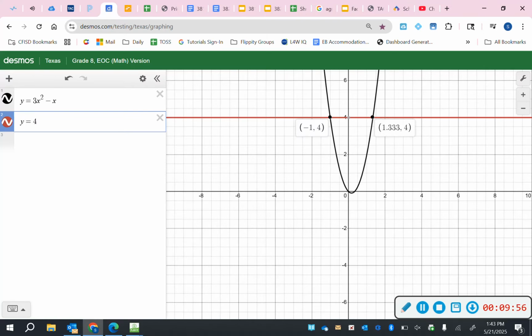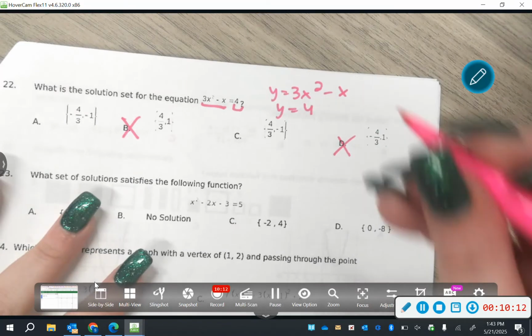So anything that doesn't have -1, we can cancel out. So B is out and D is out. And I got positive 1.3, so that's going to be a positive 4 over 3. Even if I plug it in, 4 over 3 is 1.3333. It's going to be C.